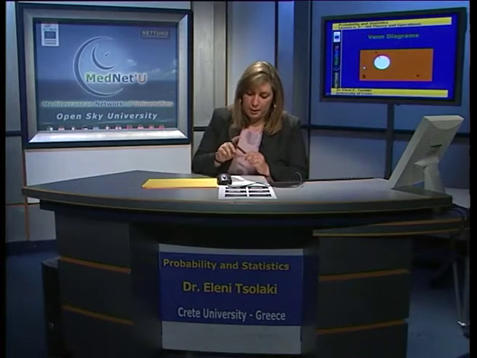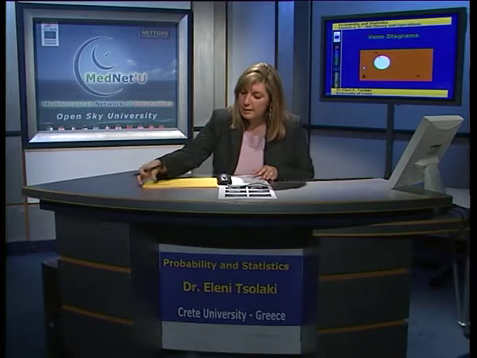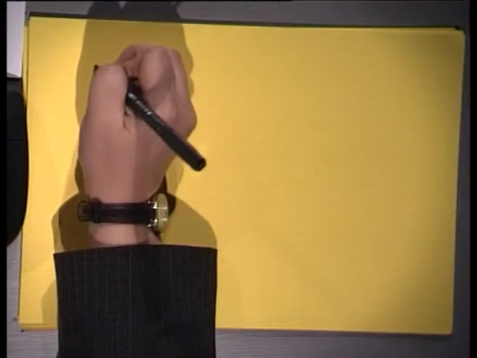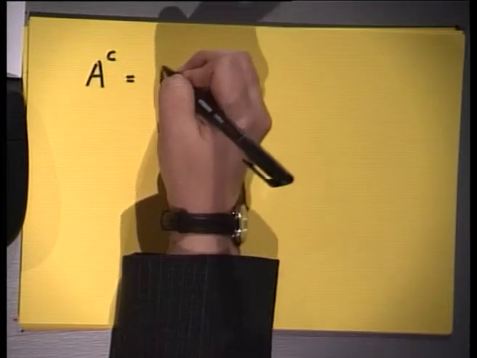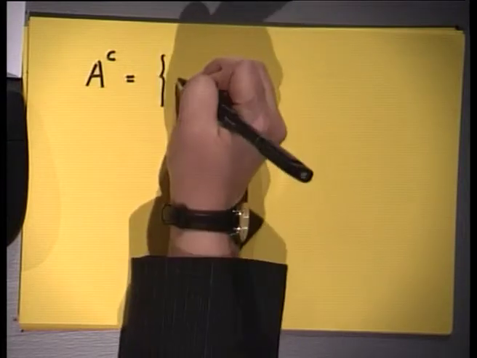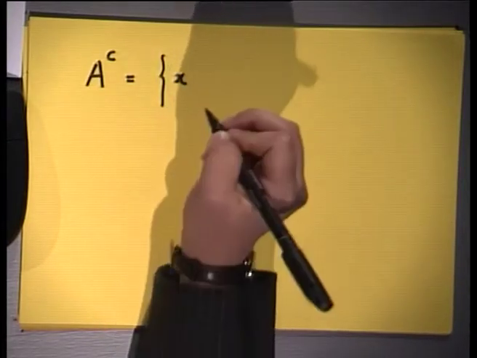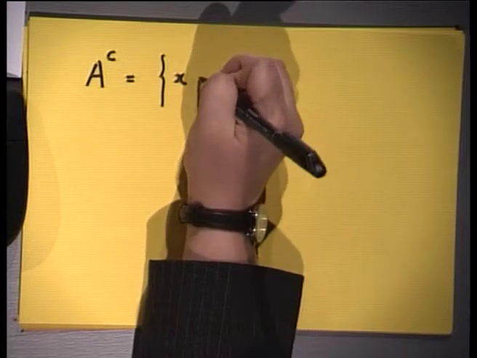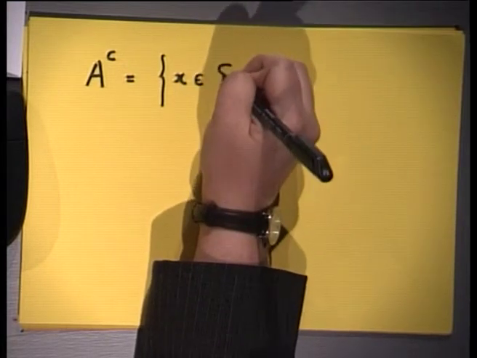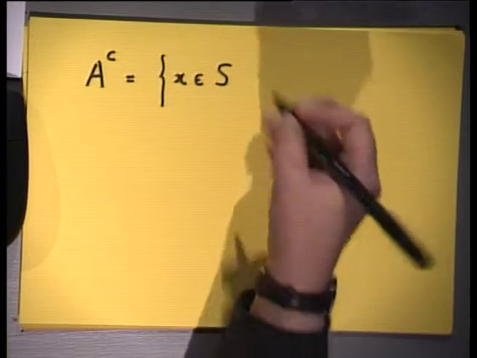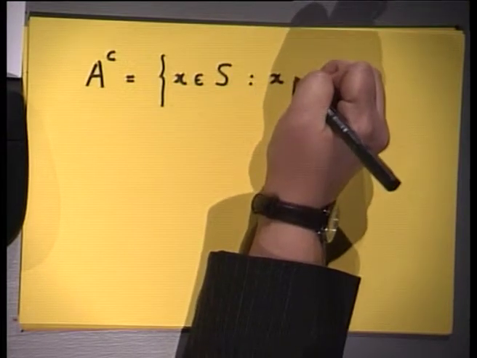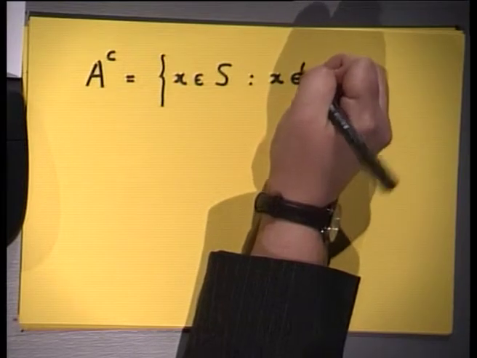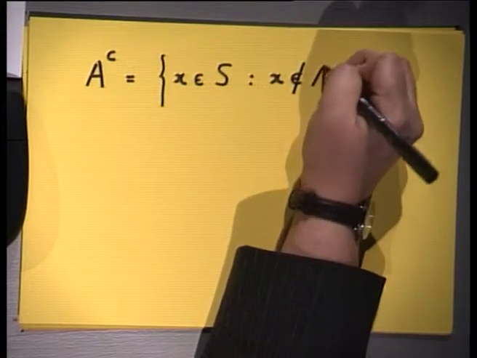So, we say that the complement of an event A will be all the elements that belong to the sample space such that they do not belong in A.